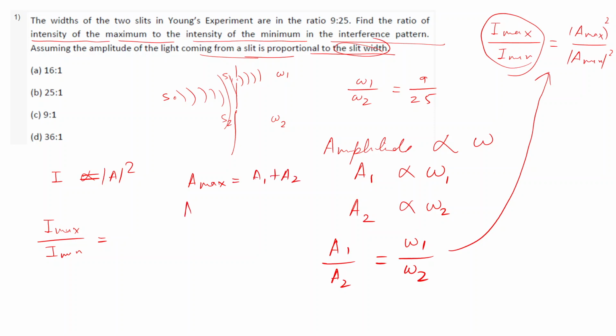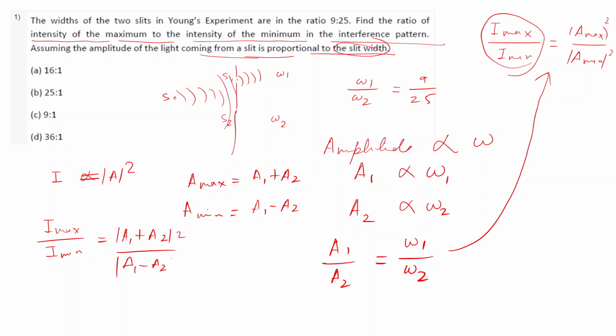A minimum will be the difference of these two, which is A1 minus A2. So maximum amplitude can be A1 plus A2, minimum can be A1 minus A2, and that's why for contrast, these amplitudes should be almost the same. Based on this, A maximum will be A1 plus A2, A minimum will be A1 minus A2, square of these.